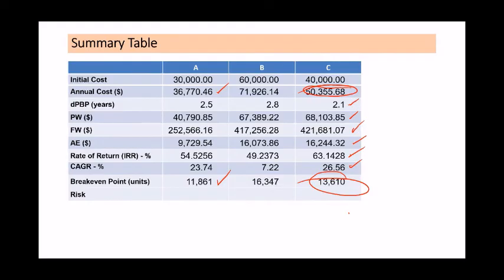Well, before I forget, in terms of cost, because this is where alternative C did not get it. Okay, now, lowest is A, and it has the lowest initial cost. Lowest annual cost and lowest initial cost.